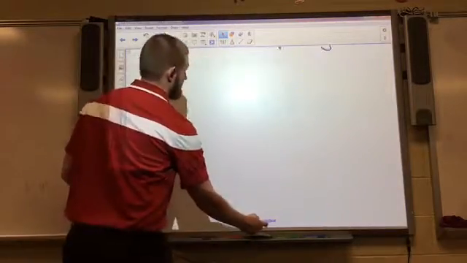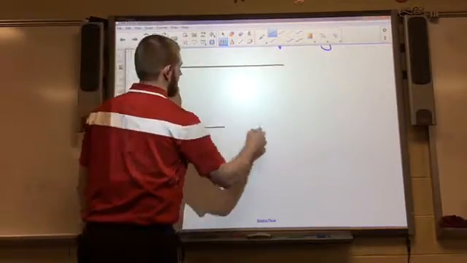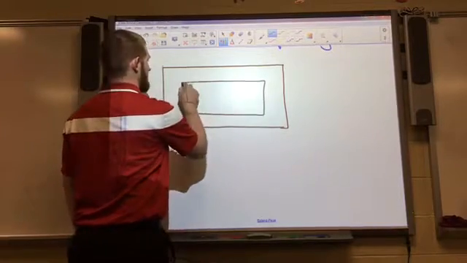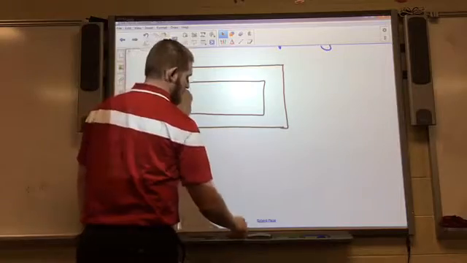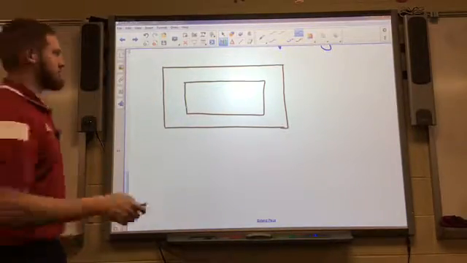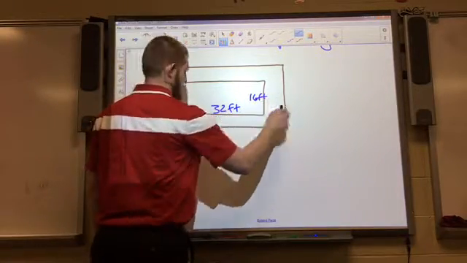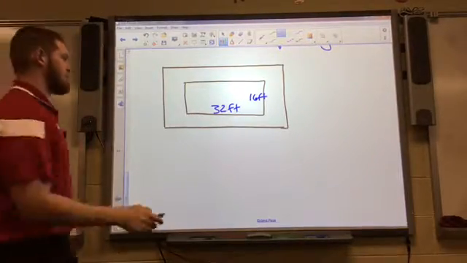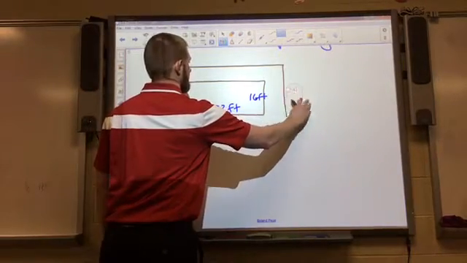So the example they give you in your book is they give you a pool with a patio around it. And the pool is 32 feet by 16 feet. And then the patio is 48 feet by 24 feet.